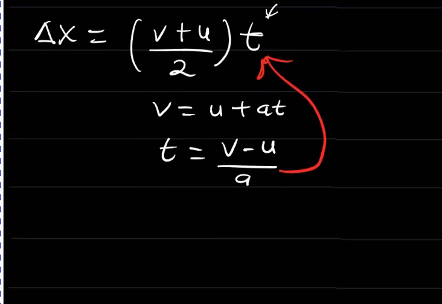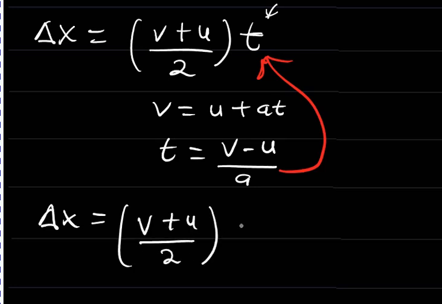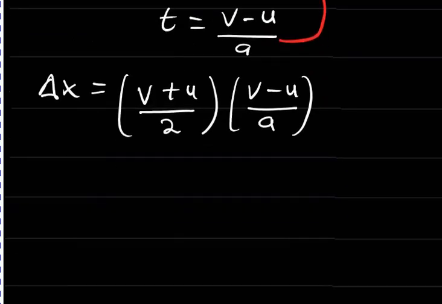Let's do justice to that. So at the end of the day, delta s is going to be equal to v plus u all over 2, then multiplied by t, which of course is v minus u all over a. Can we work on this? Yes, we can. I need to expand this. Look at the numerator of this fraction: I have the same expression, the only difference is that one is plus while the other one is minus.